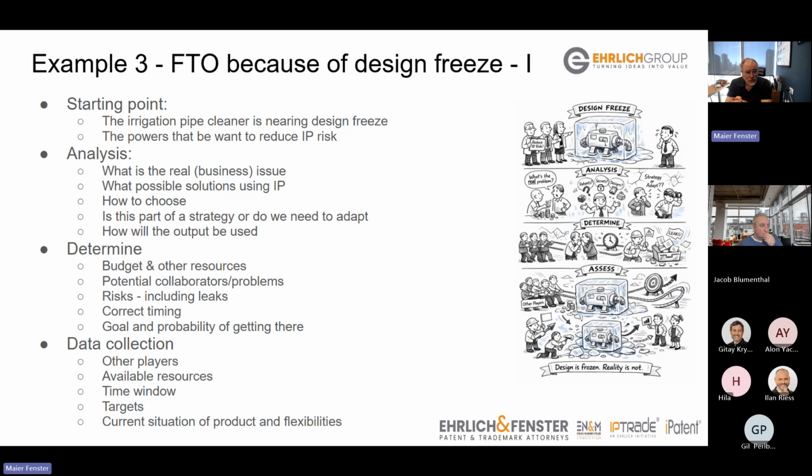What possible solutions to this real business issue can you provide using IP? So doing FTO is one solution, and buying a patent is another solution, and I could go on. How are we going to choose between the different solutions?